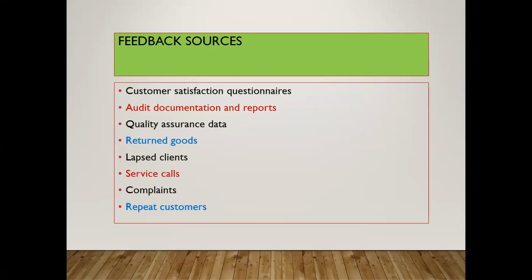In the same way you want to find out why some customers have lapsed, why they are no longer using your products and services, you also need to know what it is about your organization, your products and your services that keeps repeat customers.